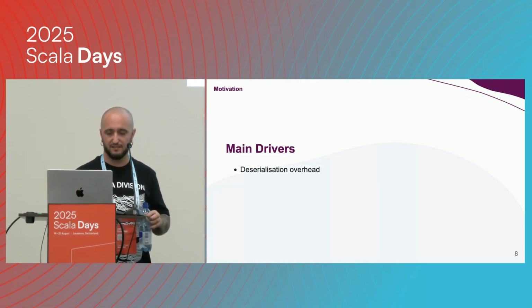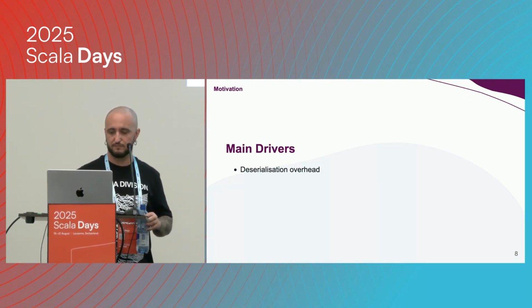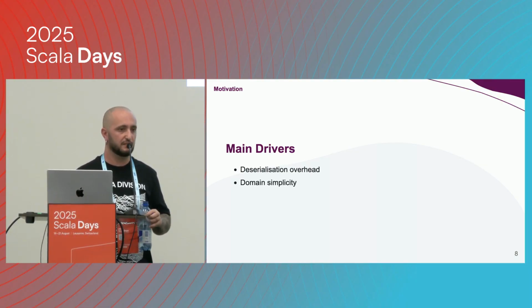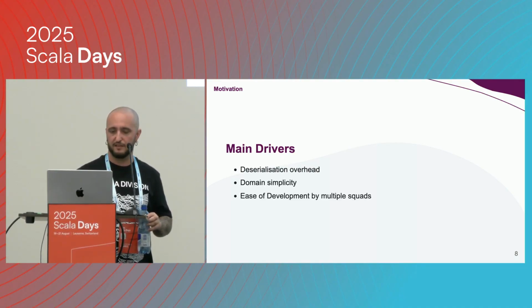You mostly get whole documents. Simplify our domain. We got to a point where we were repeating a lot of the same patterns everywhere, so we wanted to unify and simplify the domain. And then make it easier for developers to onboard new services or new consumers for this data, and not step into each other's toes very much, right?